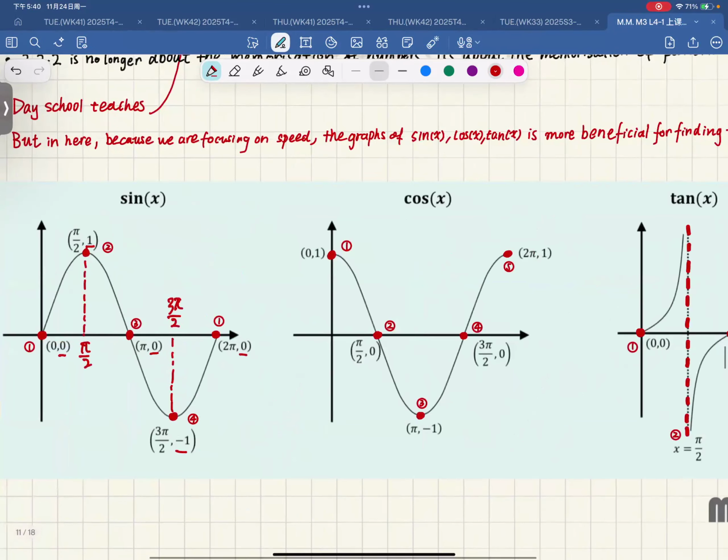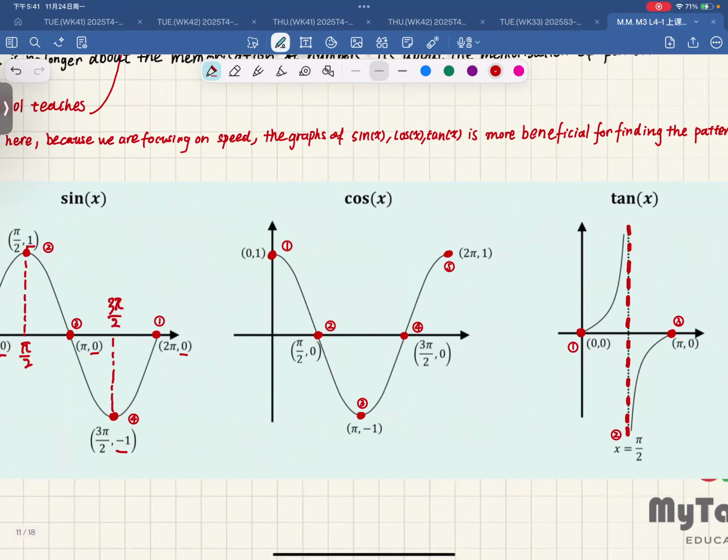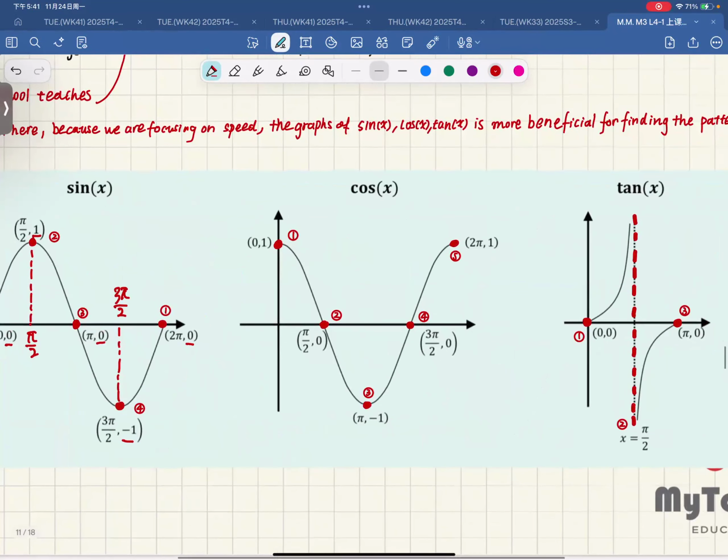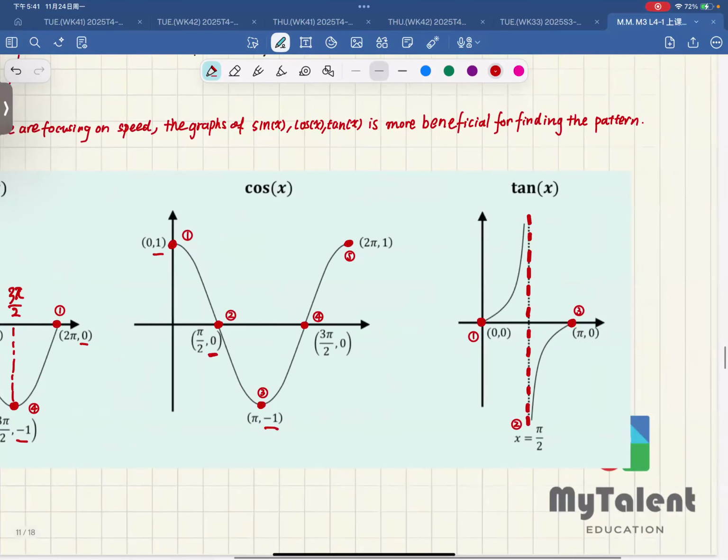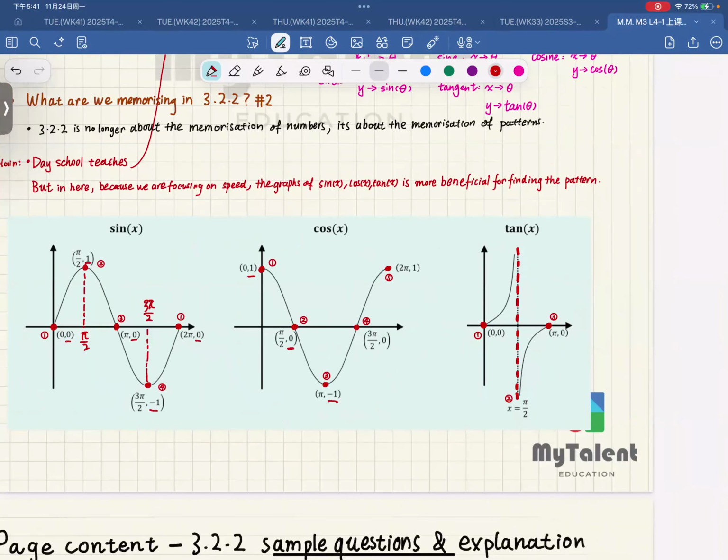Same with the cos. For cos at position 1, when x is equal to 0, y is equal to 1. At position 2, when x is equal to pi on 2, y is equal to 0. Same thing. And tangent. But the difference between sine, cosine, and tangent is that for sine and cosine, 2 pi is 1 period.